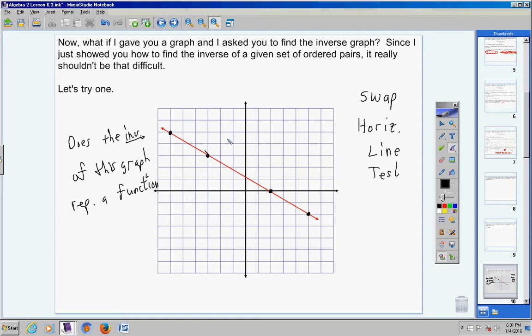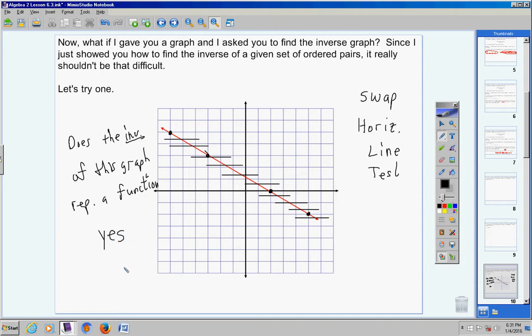So, is there anywhere in this graph that you can draw a horizontal line in such a way that it crosses the graph in more than one place? No. No horizontal line that you draw is going to cross the graph in more than one place. So, does the inverse of this graph represent a function? Yes, it does, because the horizontal line test passed.